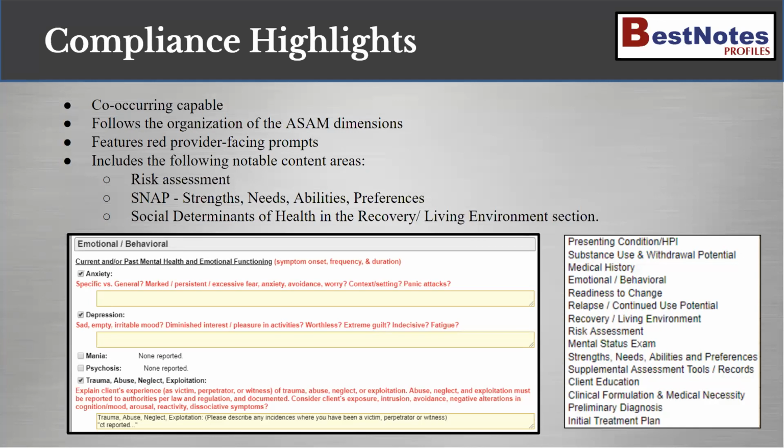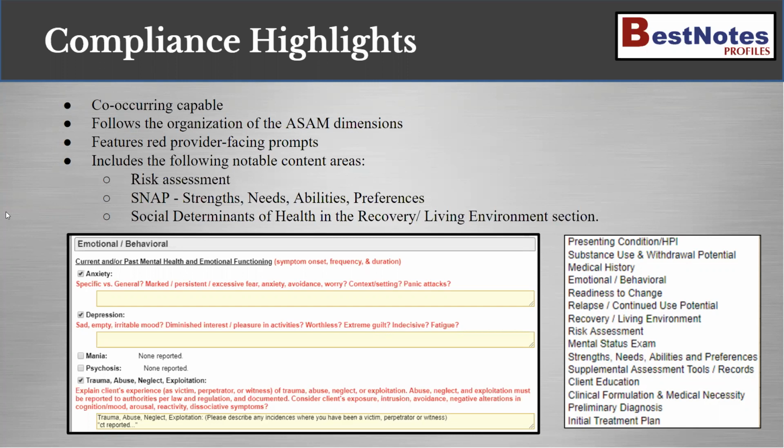They feature red provider-facing prompt language, and significantly include content areas for risk assessment, the client's SNAP or strengths, needs, abilities, and preferences, and social determinants of health that is found in the recovery living environment. And these screenshots below, this is just a visual example of what the red provider-facing prompts look like.